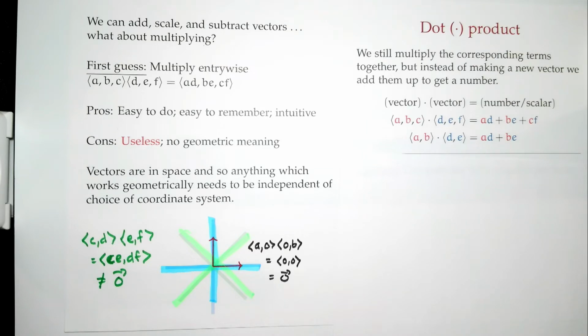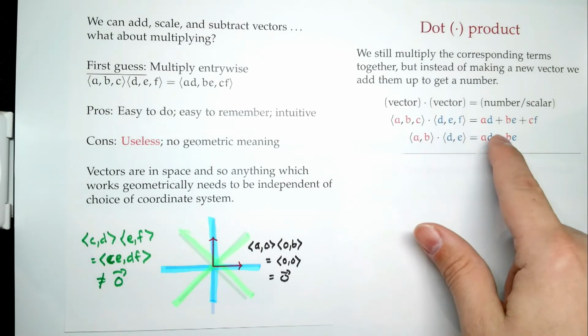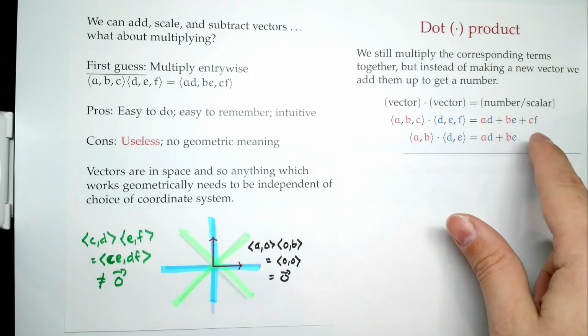Now, sometimes I'll say a number is referred to as a scalar. So when I say number slash scalar, that's just saying sometimes people call it a number, some people call it a scalar. But the point is, I start with a vector, I dot it with a vector, and the output is a number. So if I take ABC and I dot it with DEF, I get AD plus BE plus CF.